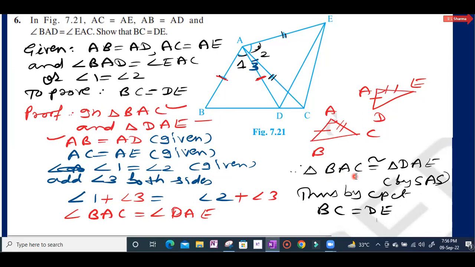See, BC is first third and DE is first third. यही हमें प्रूव करना था, लेकिन उसके पहले हमें ये भी प्रूव करना पड़ेगा that triangle BAC is congruent to triangle DAE. That's all for this question number 6.